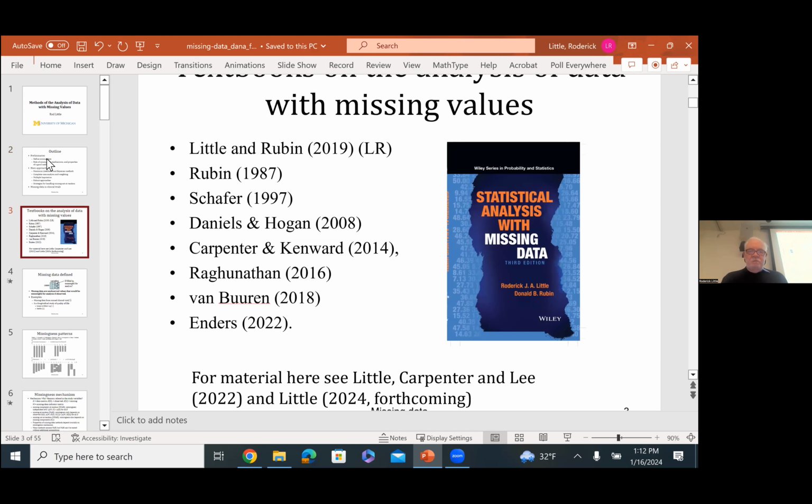There are a lot of books on missing data. I have a book with Don Rubin that's in its third edition. I designed the cover. I'm very proud of my cover, which has gone through all the editions actually. But there's a bunch of other things. Rubin's work on multiple imputation, his 1987 book, and then papers and other books shown on this slide also give good accounts, I think, of how to handle missing data.